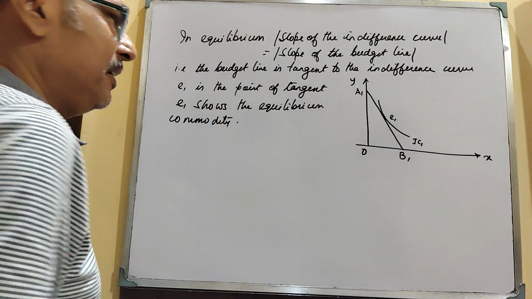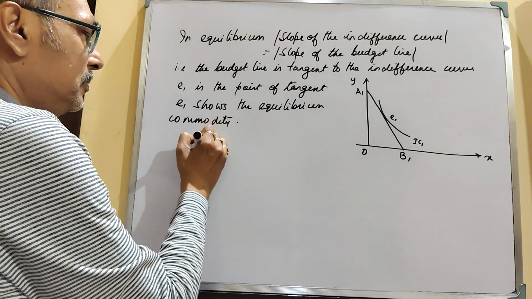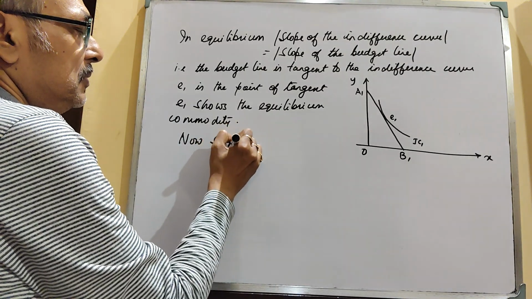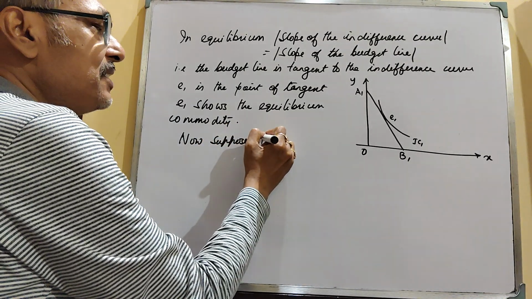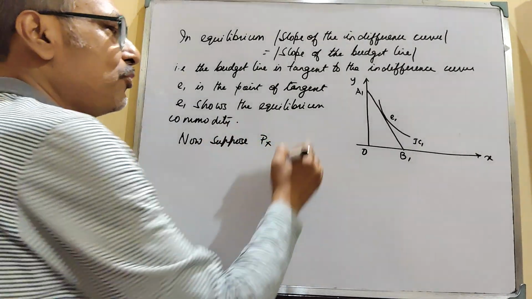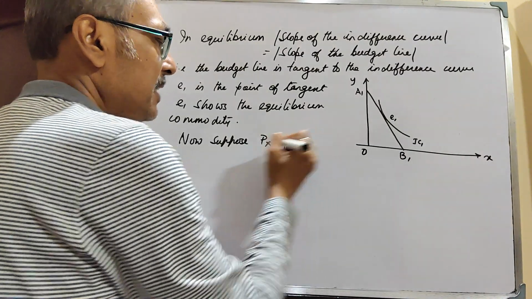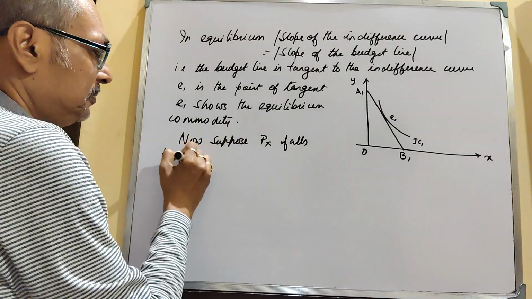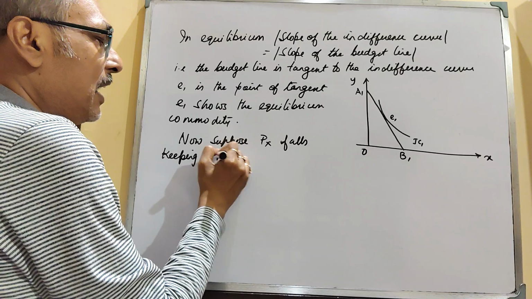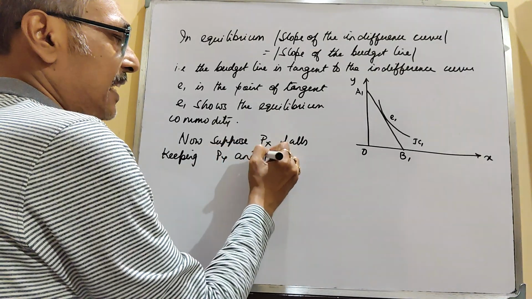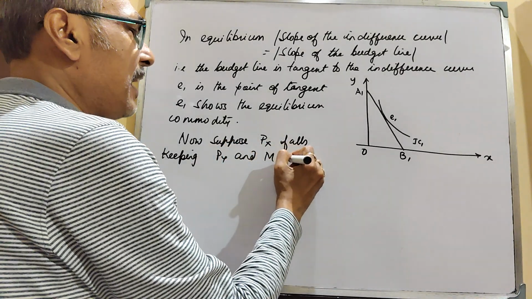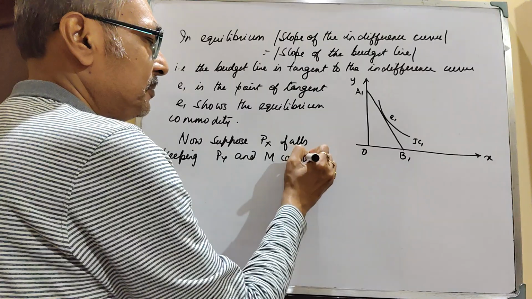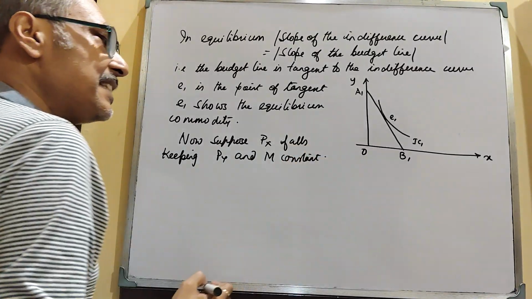Now suppose the price of X, that is Px, falls, keeping Py and M constant. What does it mean?